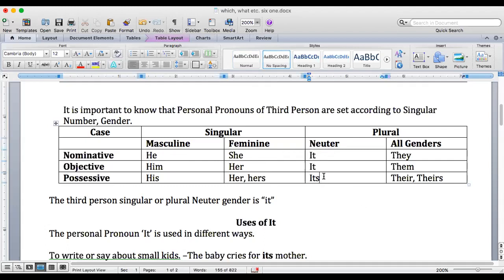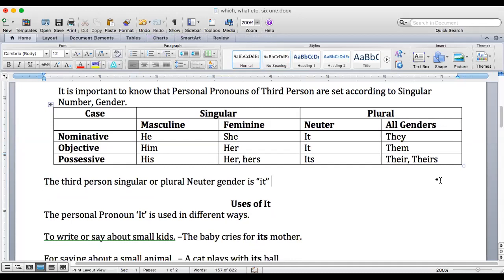So the neuter gender is it, and for all genders, both masculine and feminine, it is they, them in the objective case, and then in the possessive, their and theirs, belonging to them. Their book, their car, their house. Okay, it is theirs. So these are the personal pronouns of the third person.